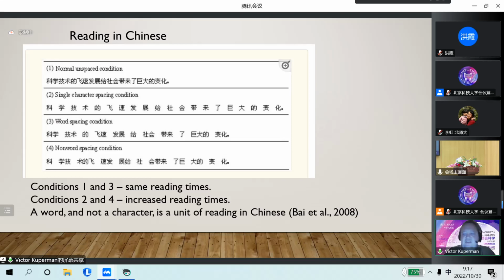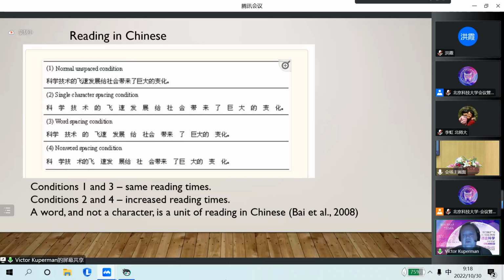Chinese presents an excellent example of how real, serious models of eye movements in reading need to be cross-linguistic. Chinese, of course, has an extraordinary writing system, which has now been studied more and more. And one of the fascinating properties of the system is that words are not separated by spaces.